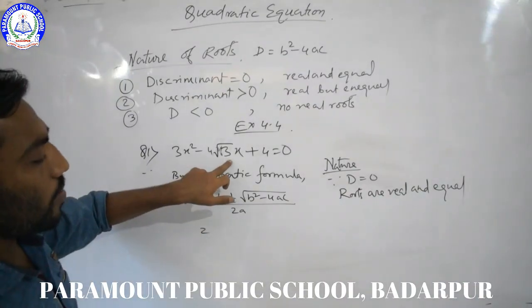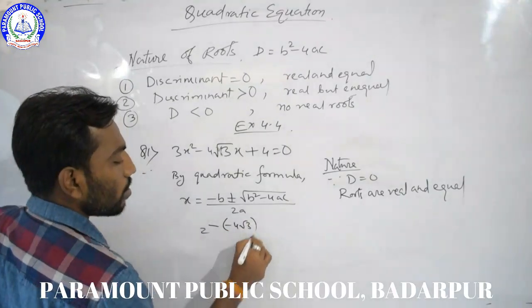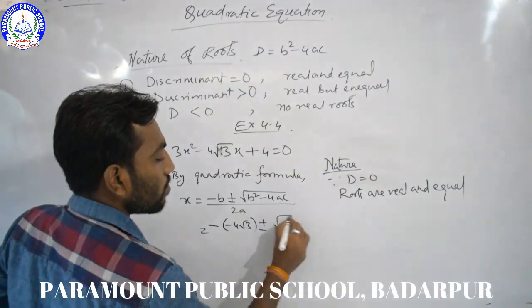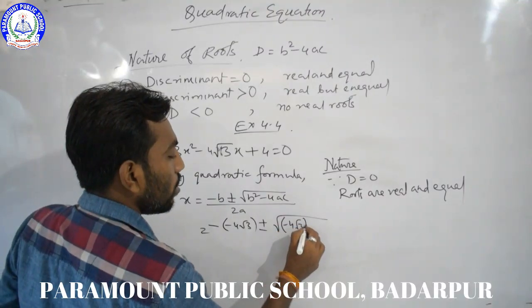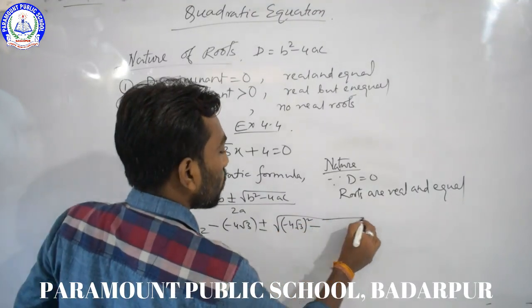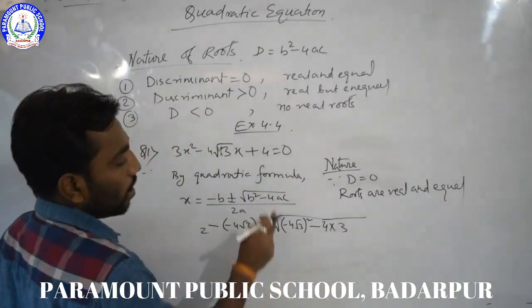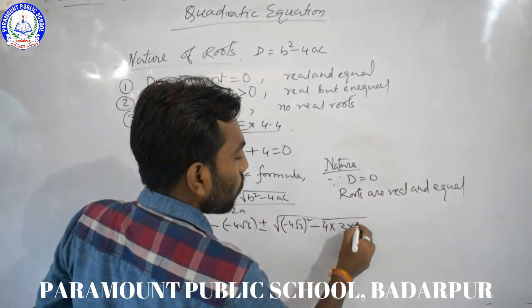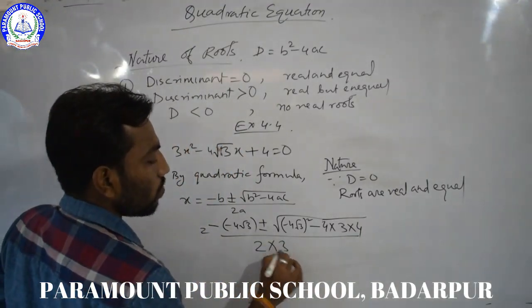B value is nothing but 4 root 3. Minus 4 root 3 plus minus, our b value is same, minus 4 root 3 whole square minus 4 into a value is 3 and our c value is 4, by 2a. So 2 into 3.